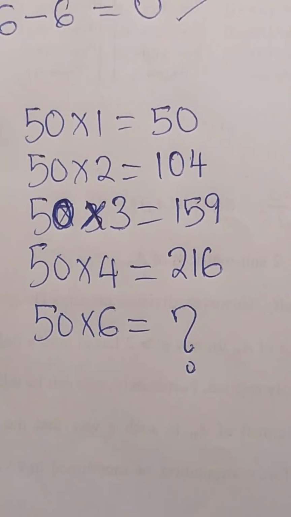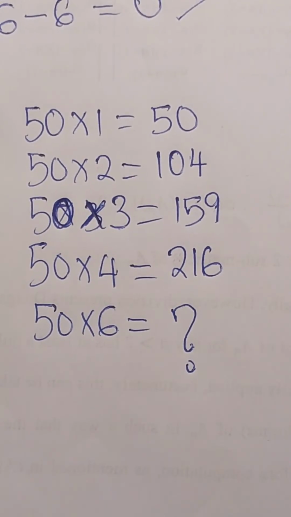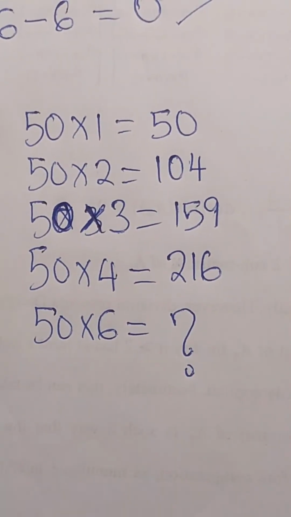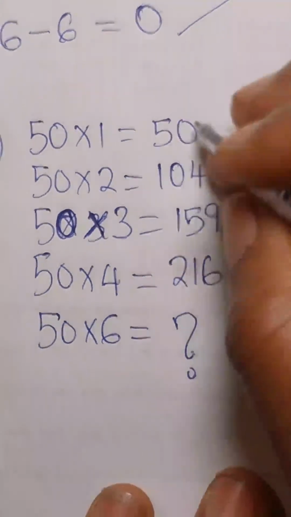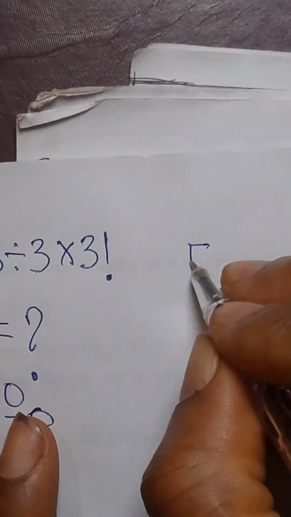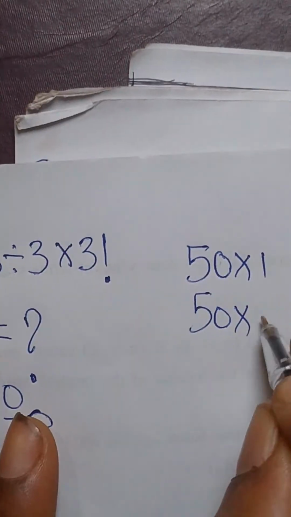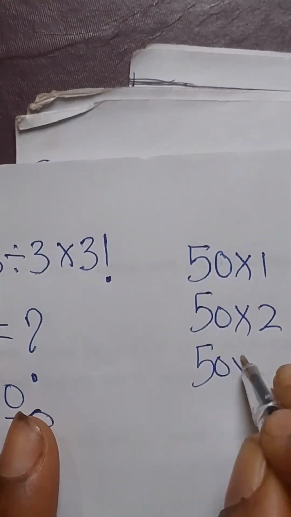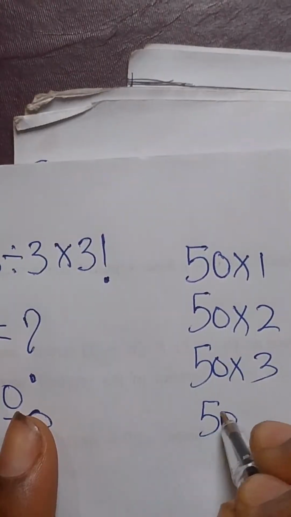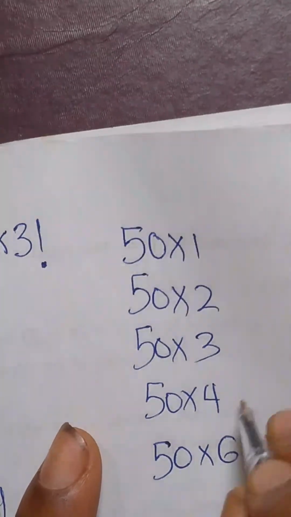50 times 1 is 50. Sorry. I'm going to rewrite this. Let me write it. Okay. 50 times 1, 50 times 2, 50 times 3, 50 times 4, and 50 times 6.